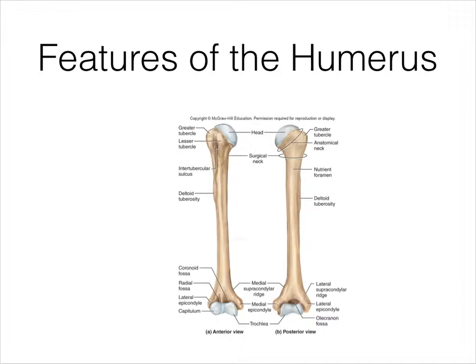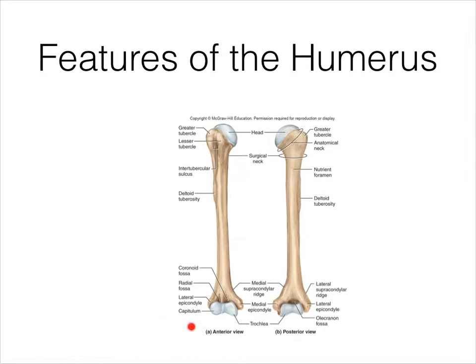So if you have a sulcus that goes in between two features, it might be named for whatever those features are, sulcus or protuberance, depending upon what it is that we're talking about. This sort of shallow hill-like thing here, that's the deltoid tuberosity. Right? And remember that a tuberosity is a rough, elevated surface. It is kind of like a tubercle, except a little bit smaller than a tubercle. It's like a tubercle minor.